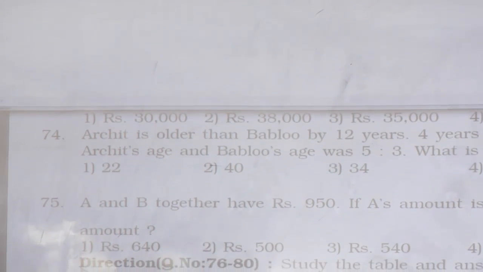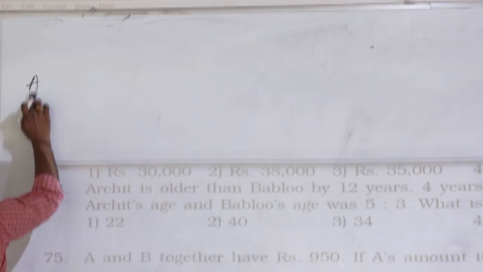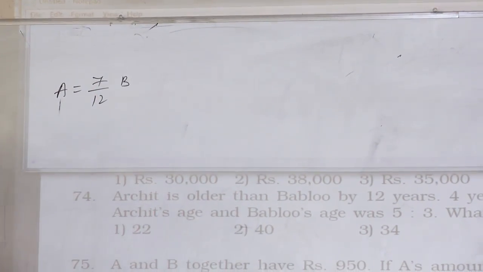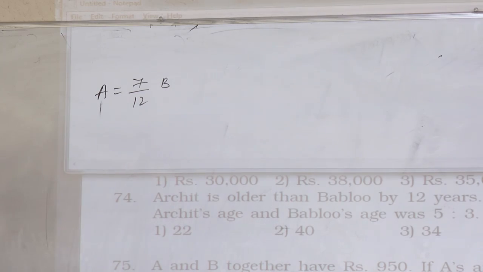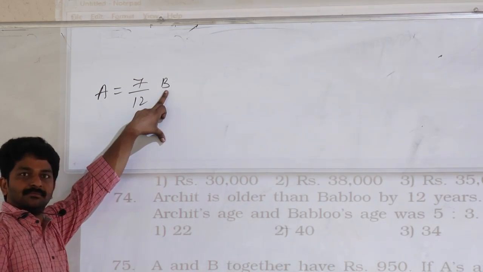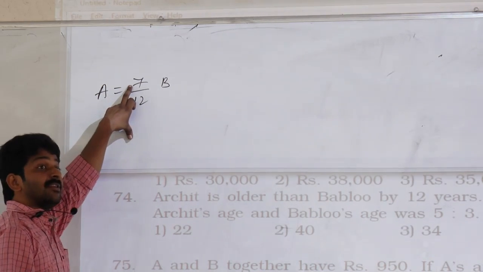Fifth option. Right. A is getting 7/12 of B's amount. Okay. B should be a 12 multiple. Yes or no? A should be a 7 multiple.